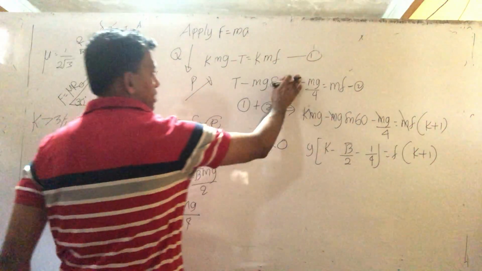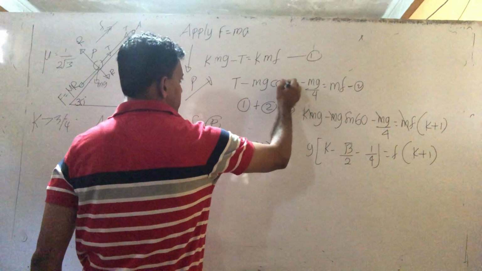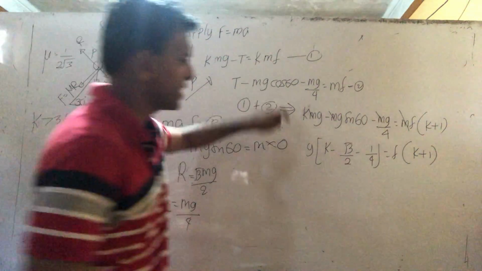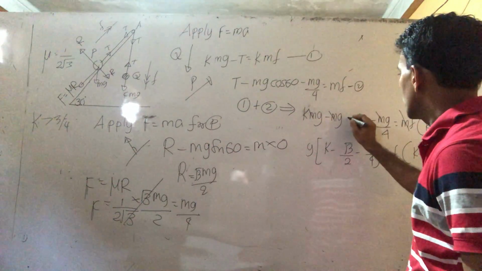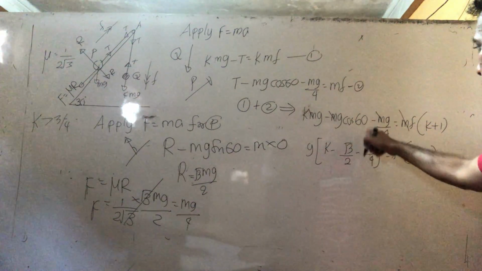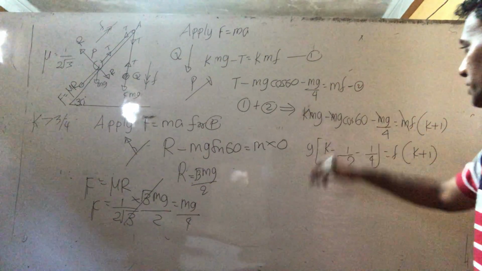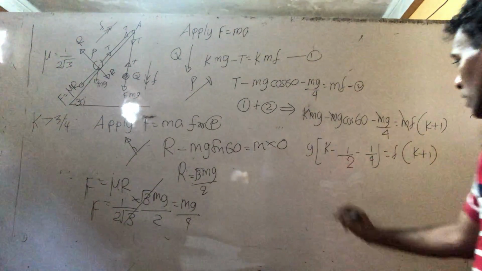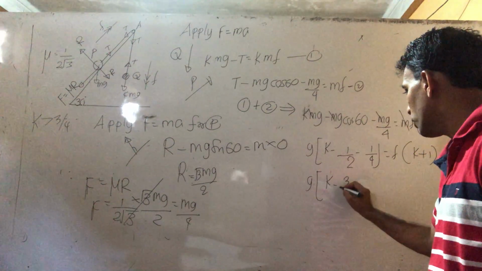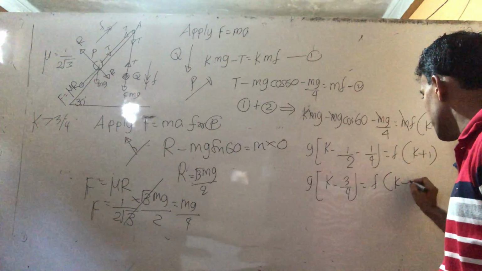Yeah, cos 60, not sin 60. Here sin 60 is perpendicular, here cos 60. So you can see the answer comes from cos 60. Cos 60 is half. So my mistake, check that. G into k minus 3 over 4 equals f into k plus 1.